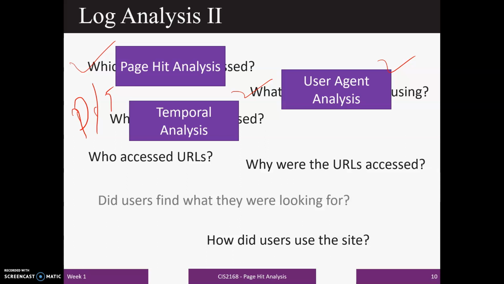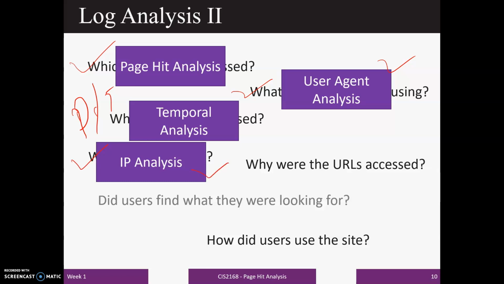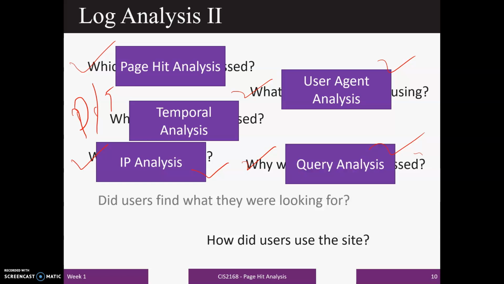If you want information related to who accessed the URL, then IP analysis. The content related question is why were the URLs accessed. It means the data item that the client or visitor was looking for when visiting the website or web page. Here we will perform query analysis.